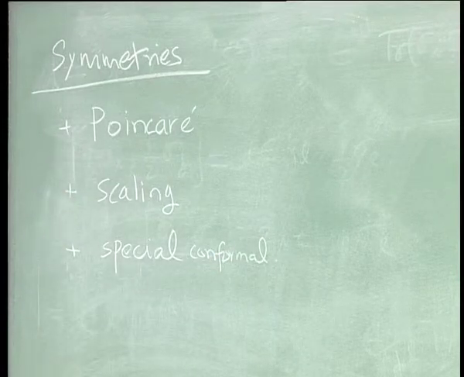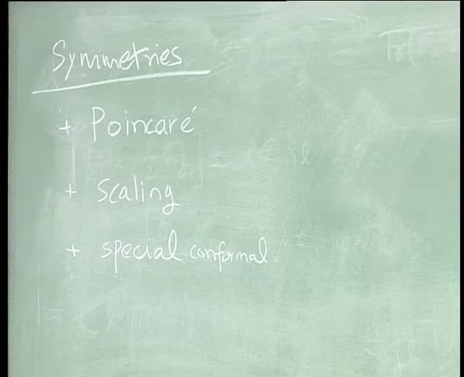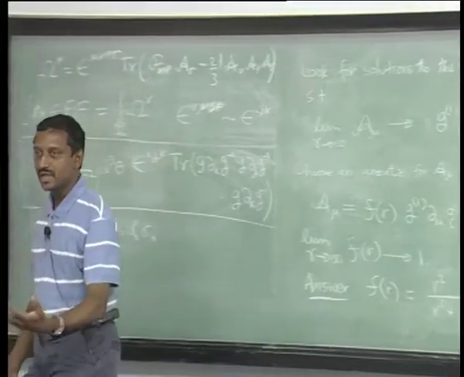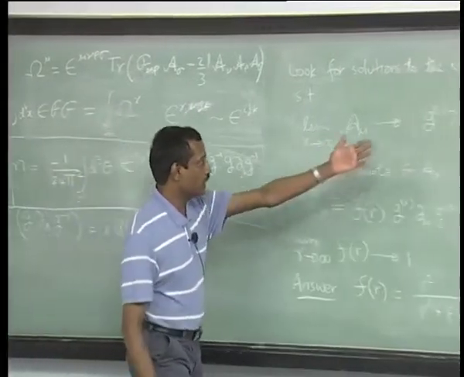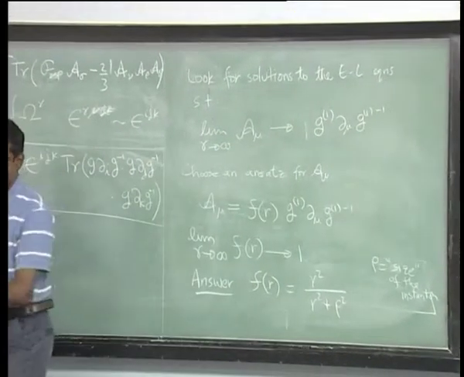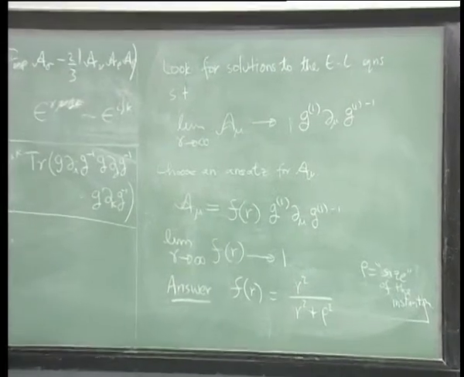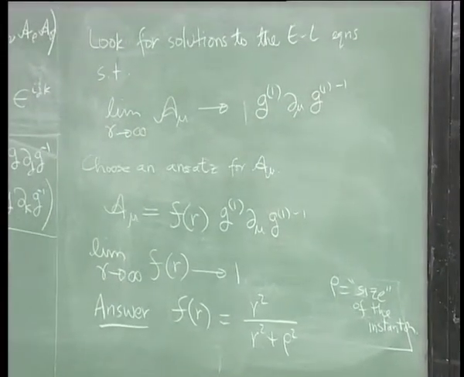Now the question is, given any solution, so here let us assume we have checked this is a solution to our equations of motion, how do these symmetries act on it? Some symmetries will act trivially, but now we are in a gauge theory.